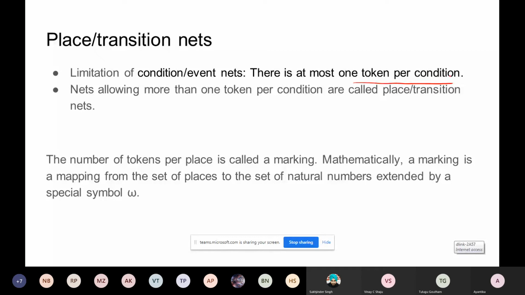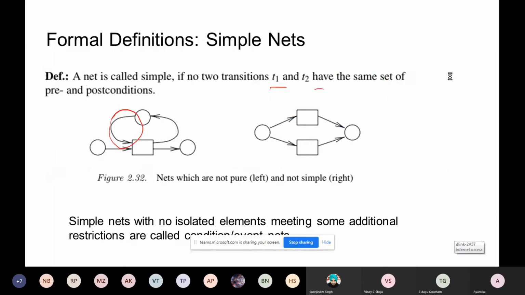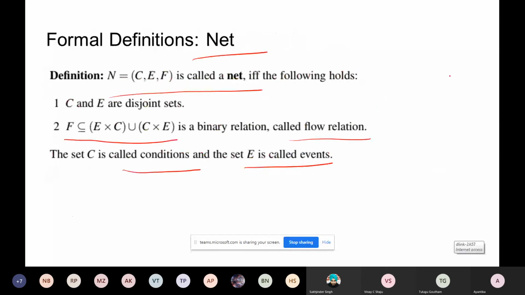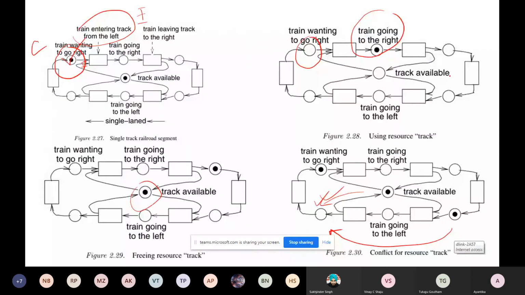But that is the limitation of the transition net: there is one token per condition. What does it mean? Here, if you go back to this part, let's say for this condition occurring, maybe we can focus on this part. Based on this event, some transition will happen. For this, what may be the possible conditions?